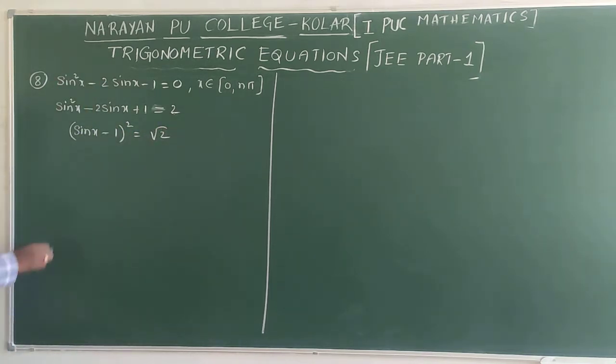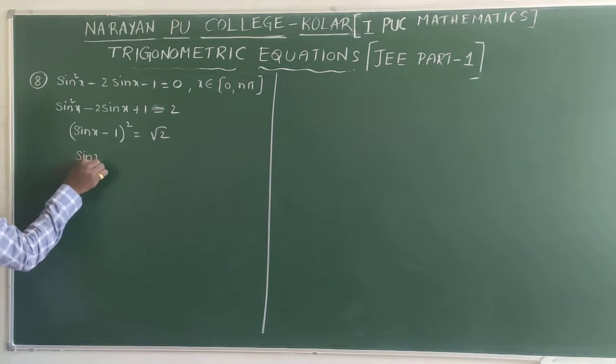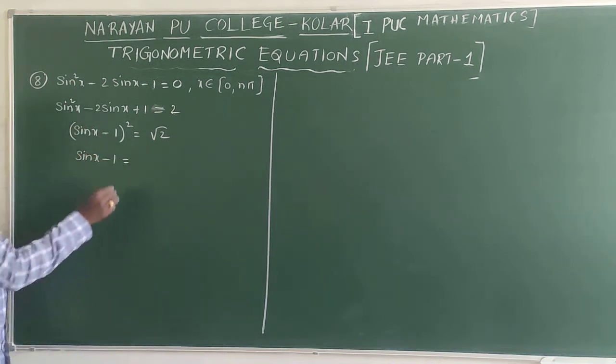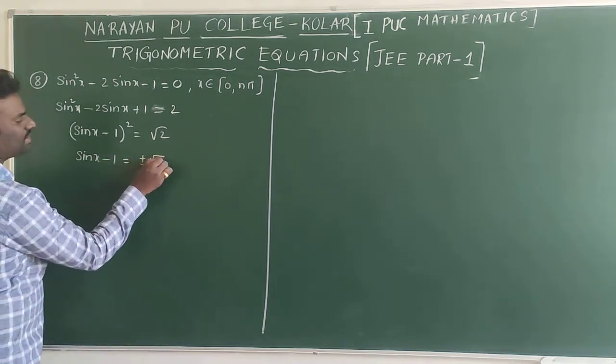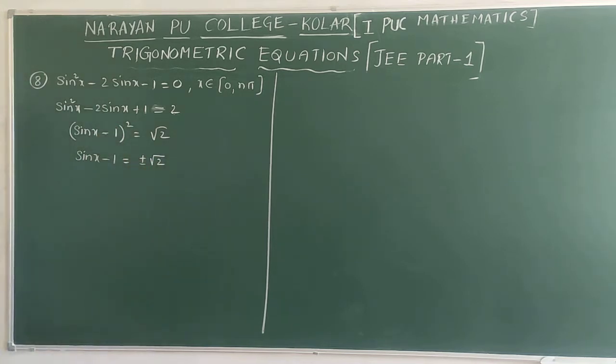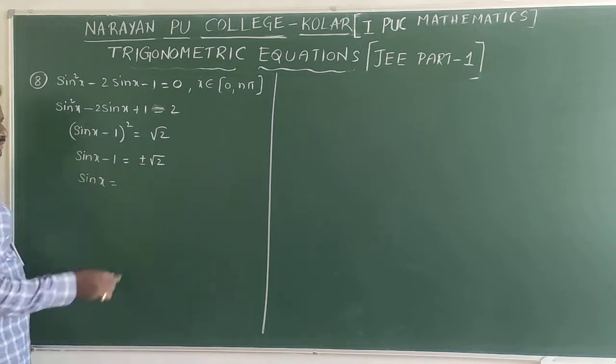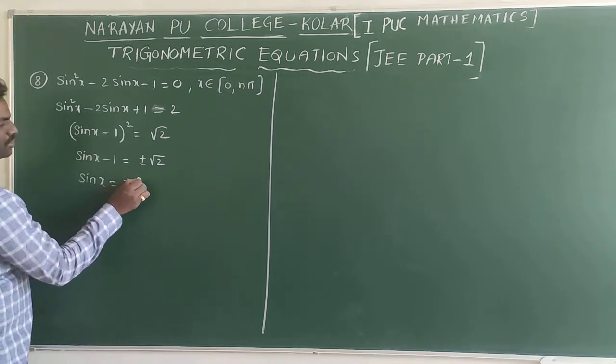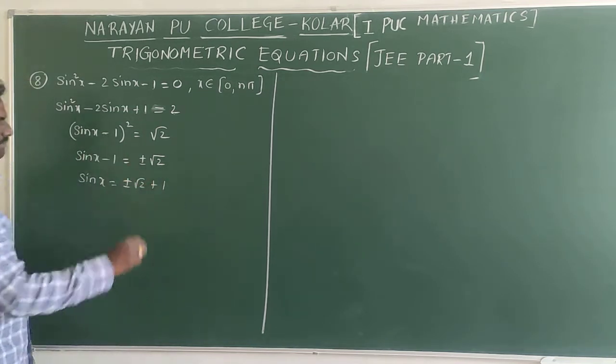If you remove the square, sin x minus 1 is equal to plus or minus root 2. Now sin x is equal to plus or minus root 2 plus 1.